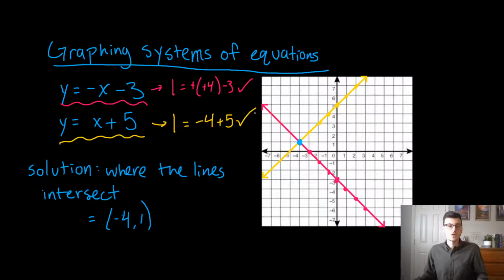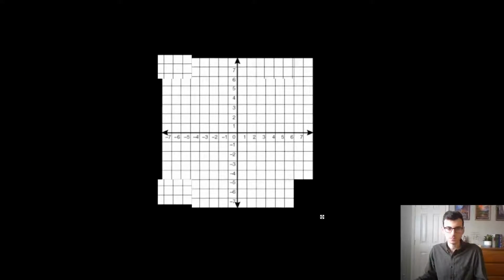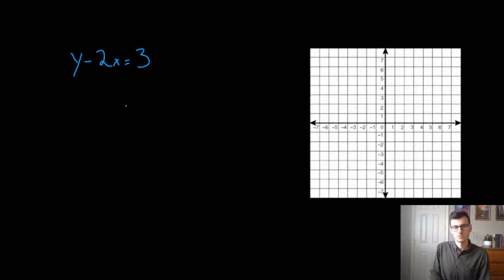Okay, I want to give you one more example, and then we'll call it for this video. What if you don't have nice lines? What if you have something like this? y minus 2x equals 3. And we'll give ourselves the other one.